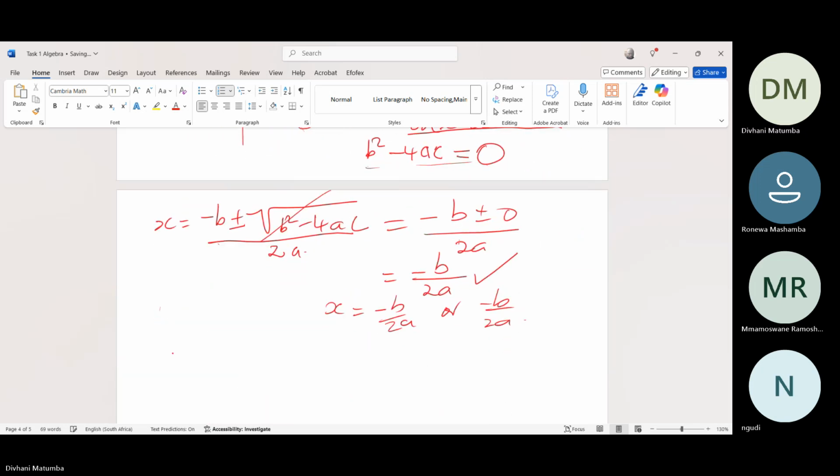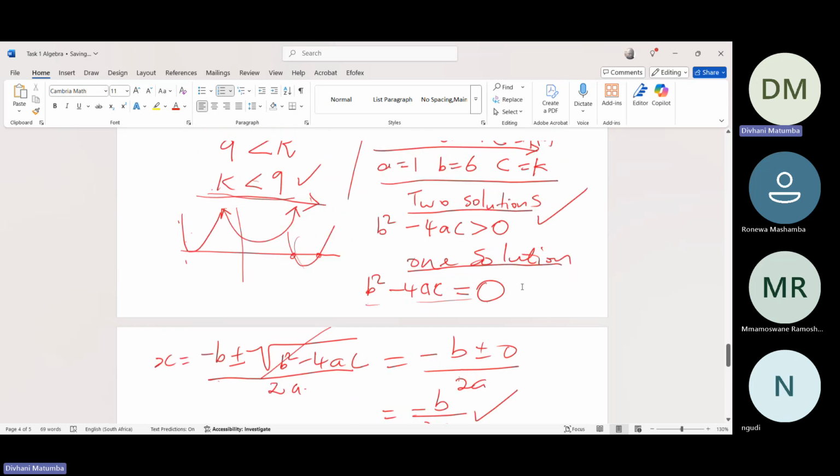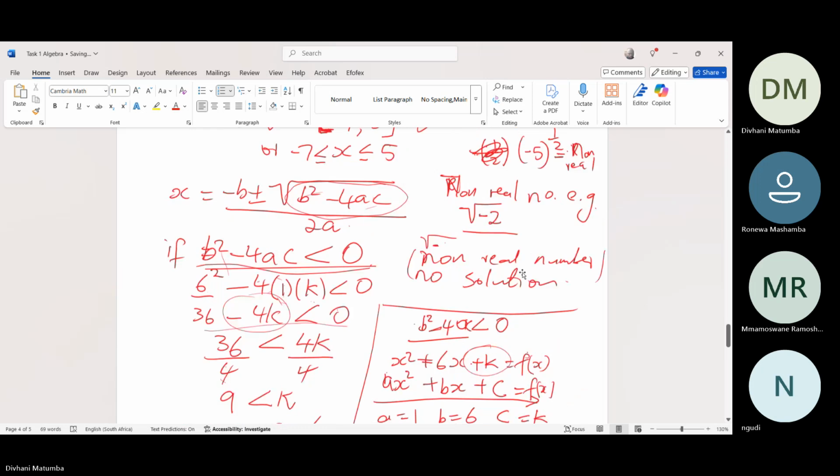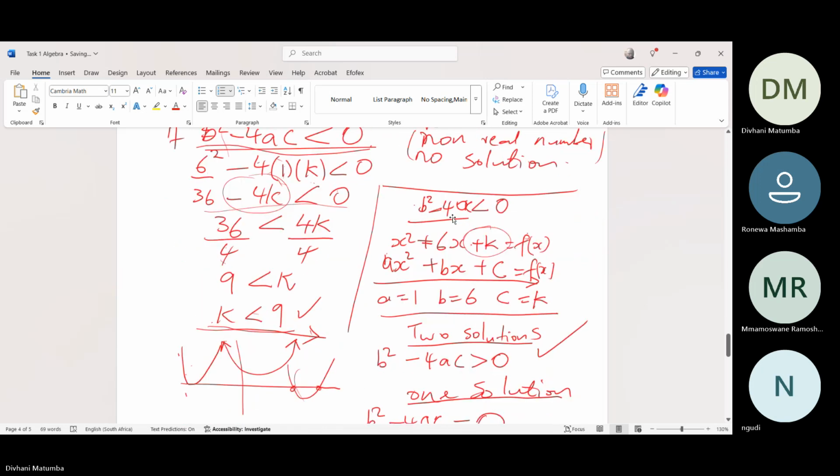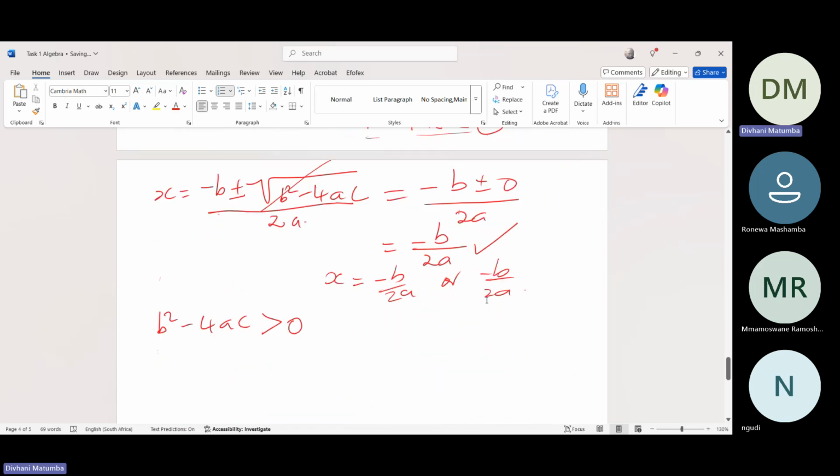So we know that b squared minus 4ac should be greater than 0. What is the value of b? The value of b is 6.